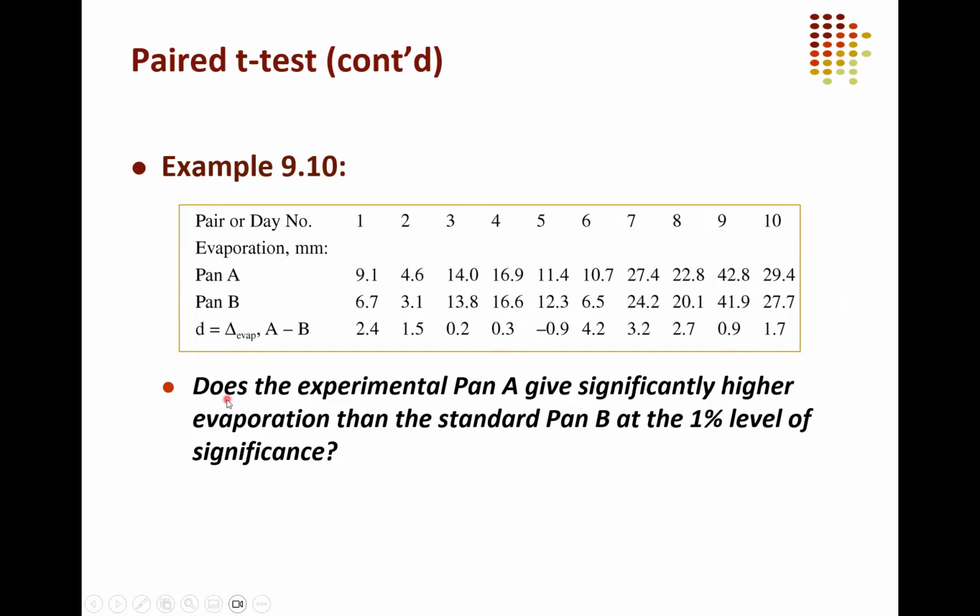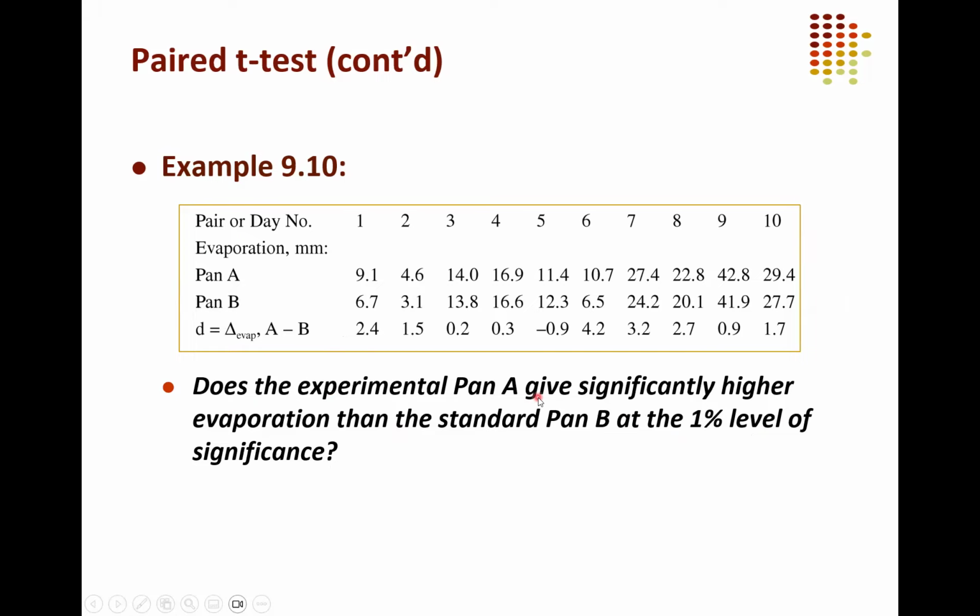So we would like to see this question. Does the experimental pan A give significantly higher evaporation than the standard pan B at 1% level of significance? Here one thing needs to be noted, the way the difference was defined.